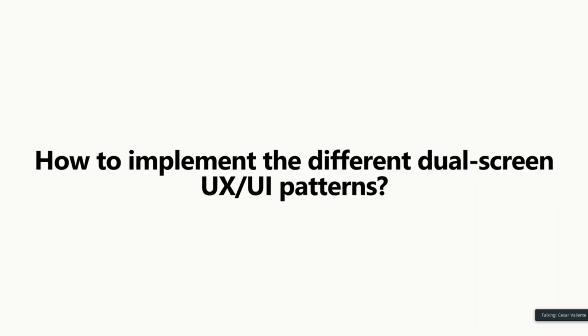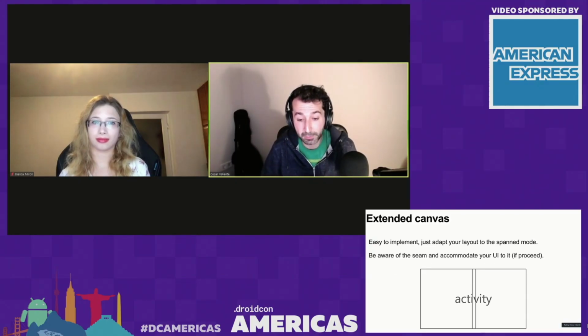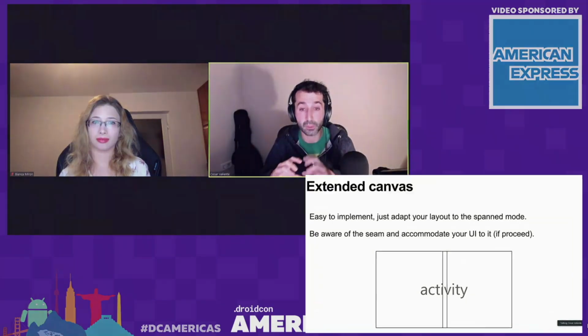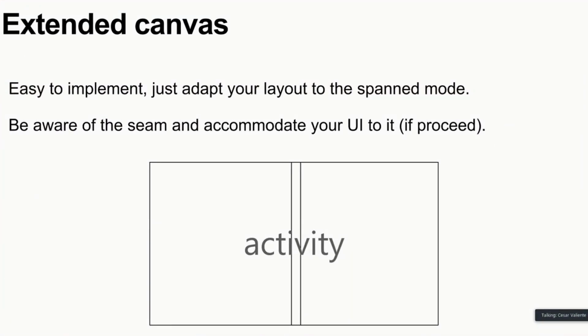Okay. How to implement different dual screen UX and UI patterns. I wanted to give you some tips about how to implement the patterns that Bianca has explained before. For extend canvas, as Bianca has mentioned, this pattern is pretty useful for instance when you have a map. Now you have two screens, you have more area. You can now move through the map, you can zoom in, zoom out, you can do more.